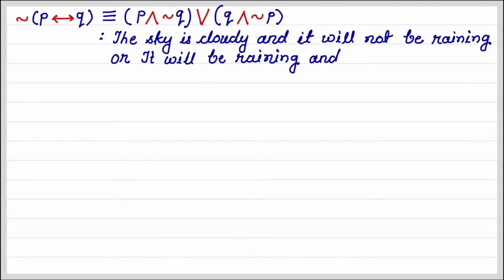Now negation of first statement: the sky is not cloudy. So the negation is: the sky is cloudy and it will not be raining, or it will be raining and the sky is not cloudy. Next we have to see negation of quantifier.